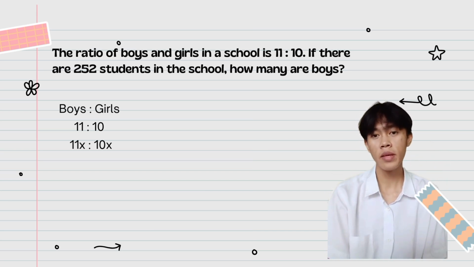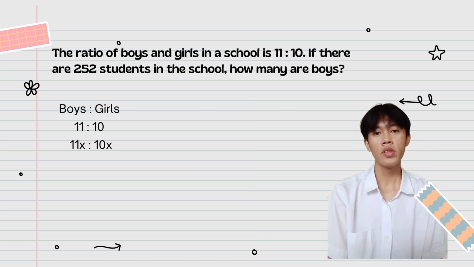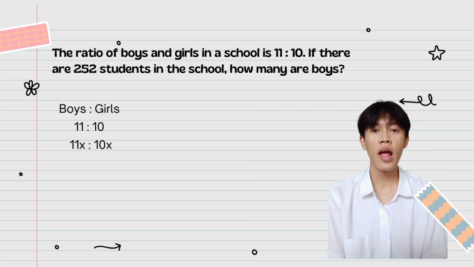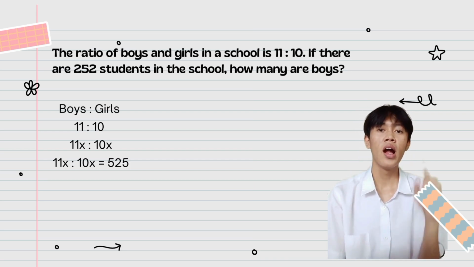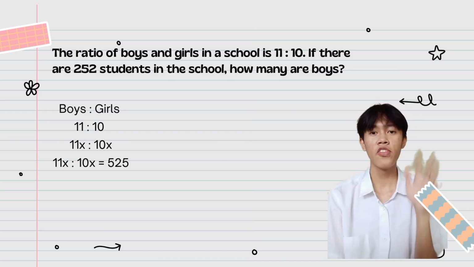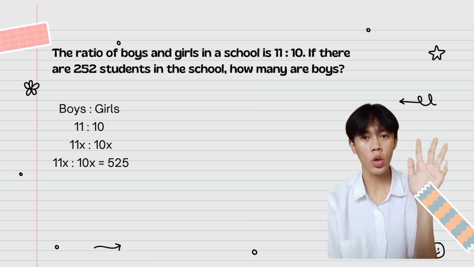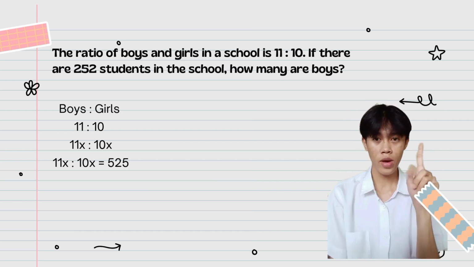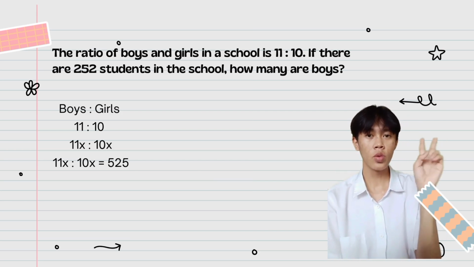By multiplying by x, we can set up the equation that there are 11x plus 10x students in total, because there are 11x boys and 10x girls, and there are 525 students in the school. So we simplify and get 21x equals 525.